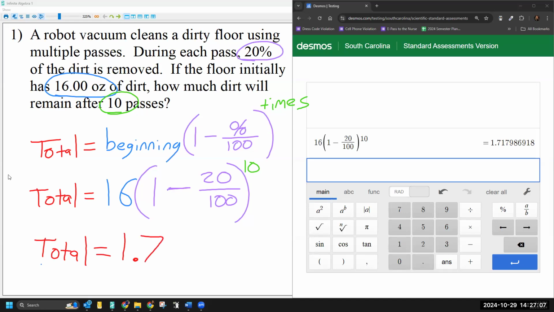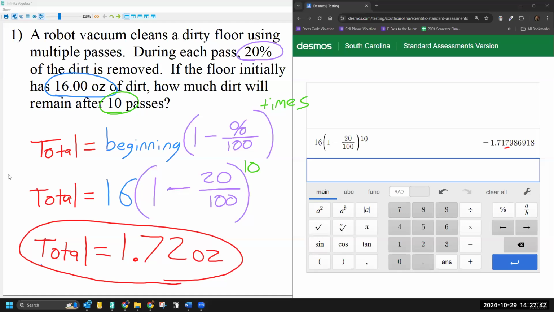The first number is a 7, and then I need one more number, it's a 1, but what's the next number? 7. So if this number right here is 5 or more, I'll round up. If it was 4 or less, I'd leave it alone. So 7, 2. And 1.72 what? What are my units? Ounces. Yes. So this is how much dirt is left on my floor after I vacuumed 10 times.